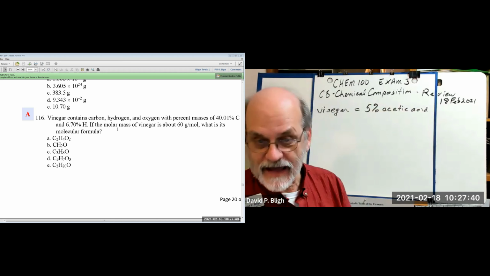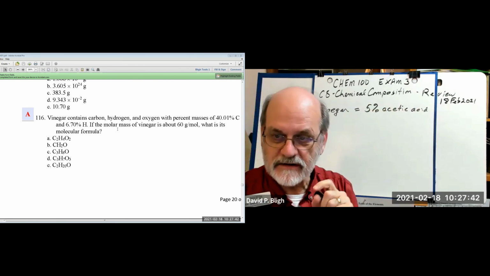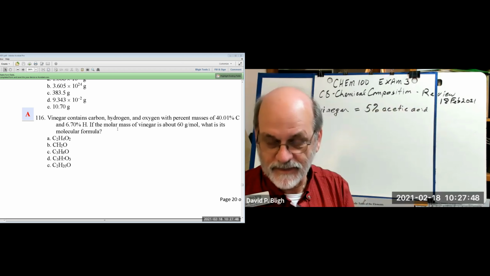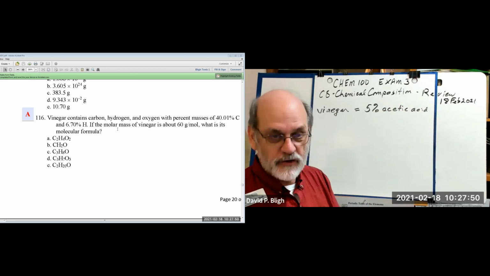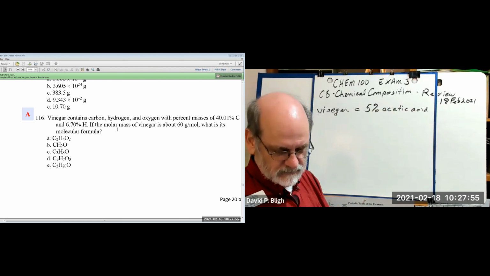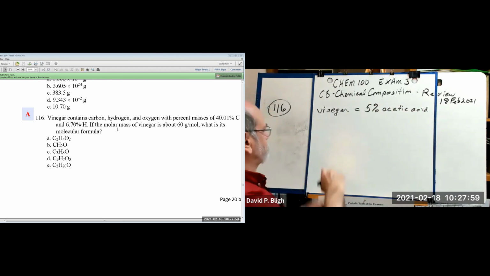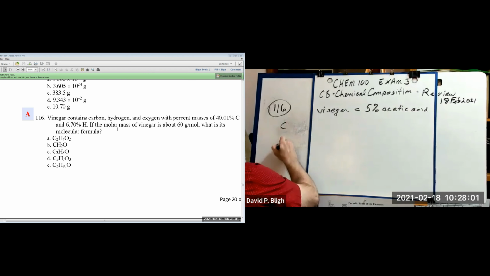Now, acetic acid has carbon, hydrogen, oxygen with a percent of 40% carbon and 6.7% hydrogen. Okay, so that's true. The way it's worded is a little bit off. But let's go with what we got. So we got carbon and we got hydrogen.